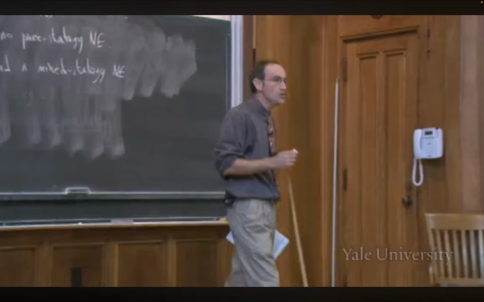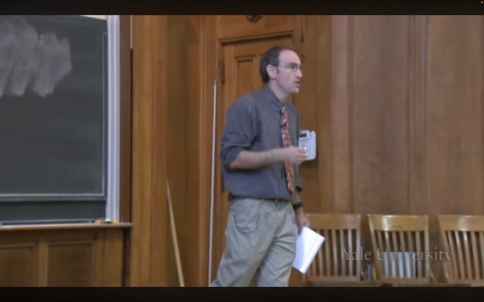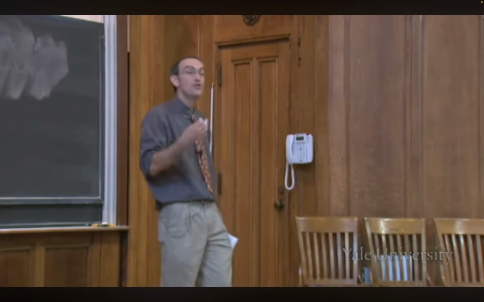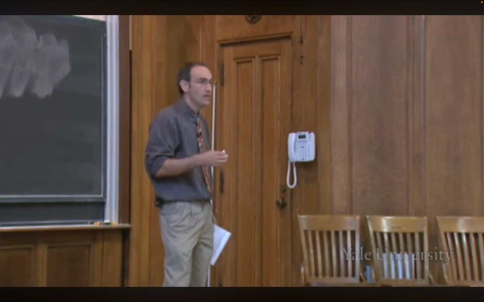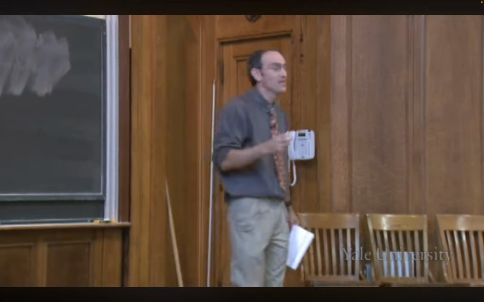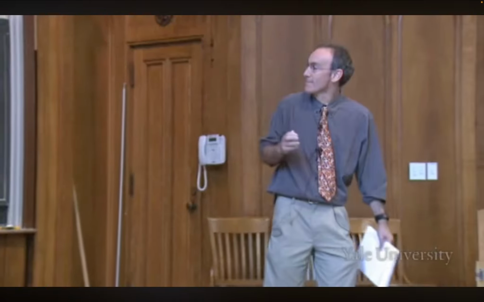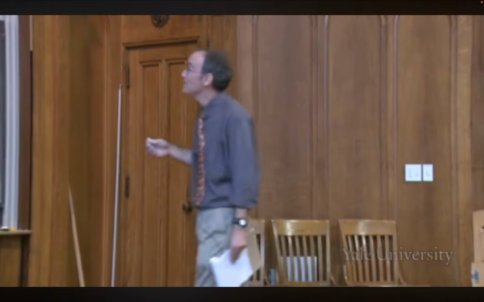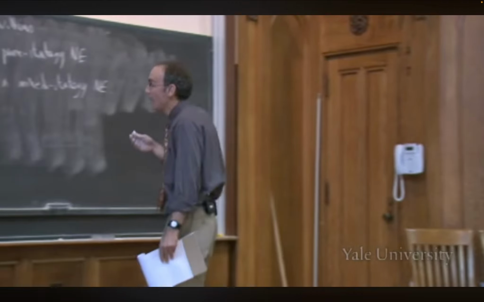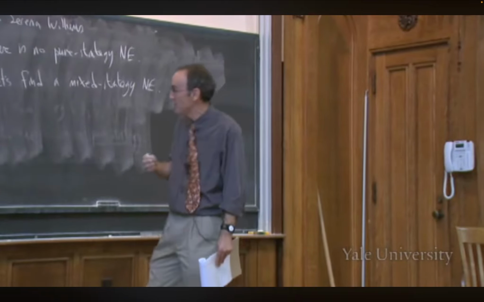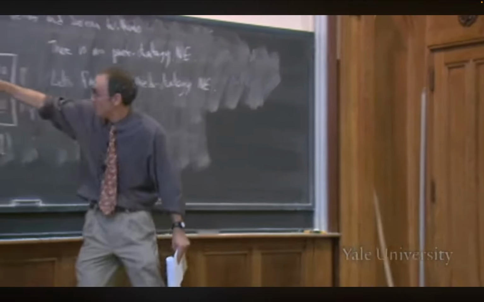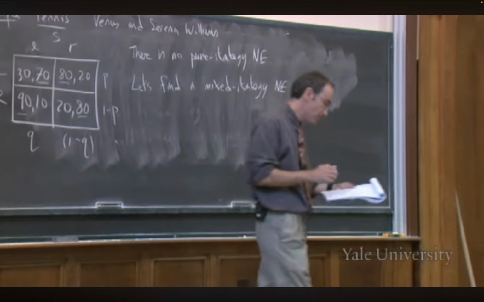But before we do so, let's think about this intuitively. Let's see if we can intuit an answer. All right? I'm guessing we can't, but let's see. So Serena has improved her backhand volley, and hence when she reaches it, she gets it in more often. All right?